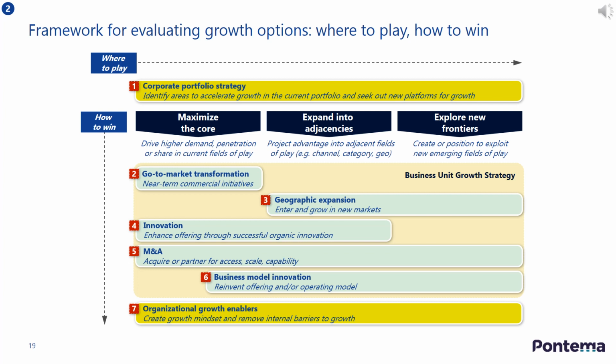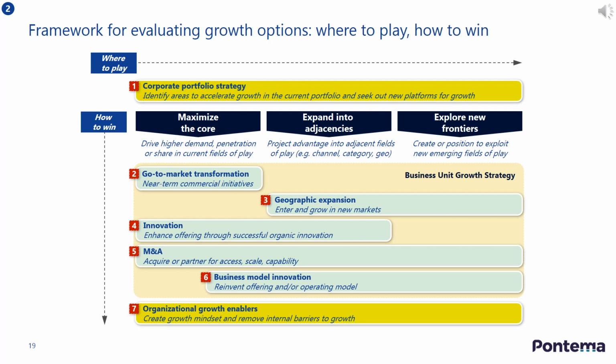Thirdly, innovation is about generating concrete ideas to add to the organization's innovation pipeline and ensure they are translated into new products and growth. Next, M&A, or mergers and acquisitions, is about acquiring or partnering for growth, from searching for opportunities to ensuring successful integration.